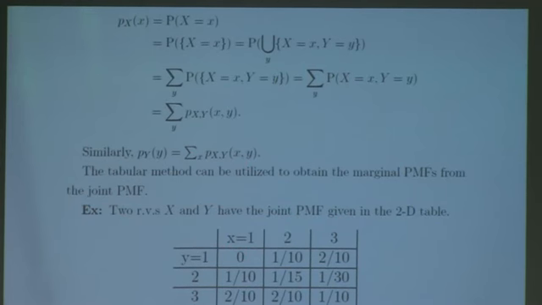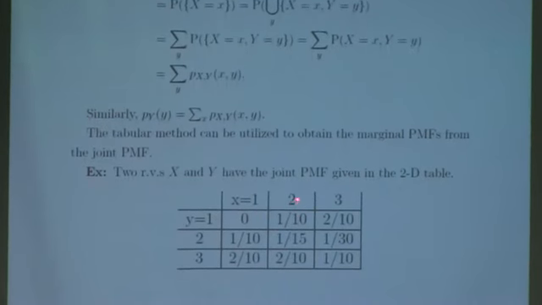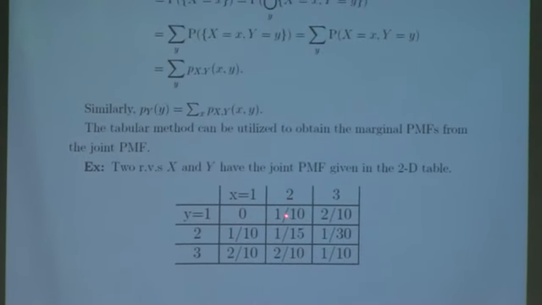Let's quickly go over this example. This table tabulates the joint PMF. So for example, this value is the probability that X is 2 while Y is 1.